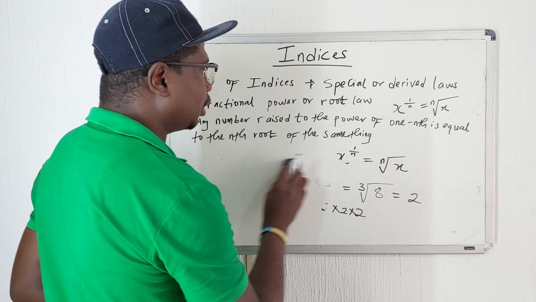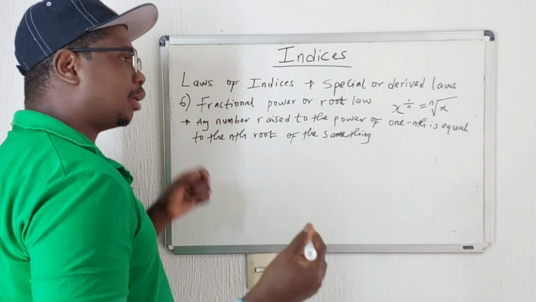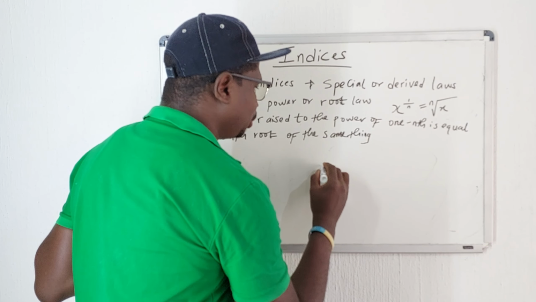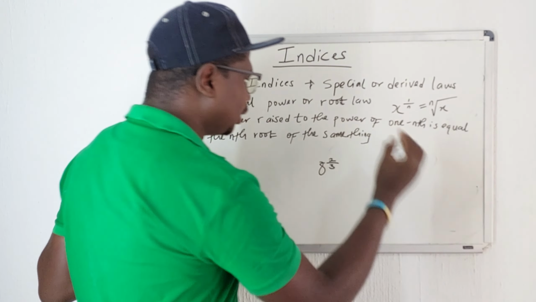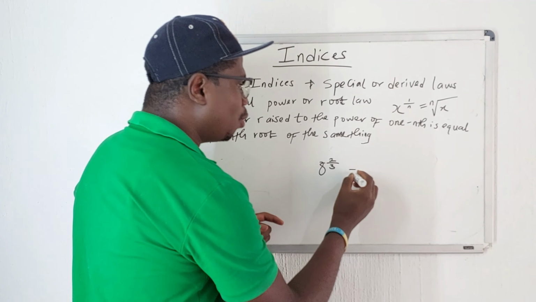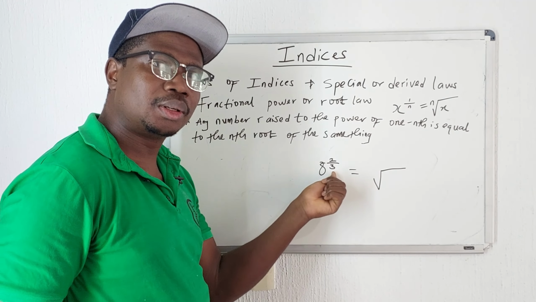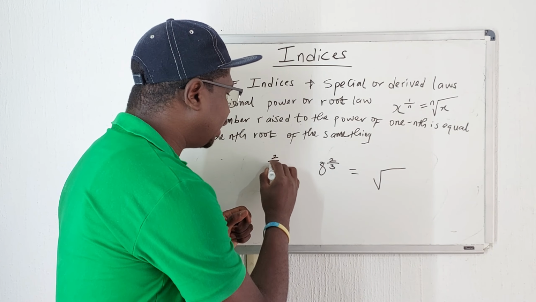In the same way, the law can also be modified with our power law, with something like 8 raised to 2 over 3. In the same way, the index is now a fraction, which is 2 over 3.